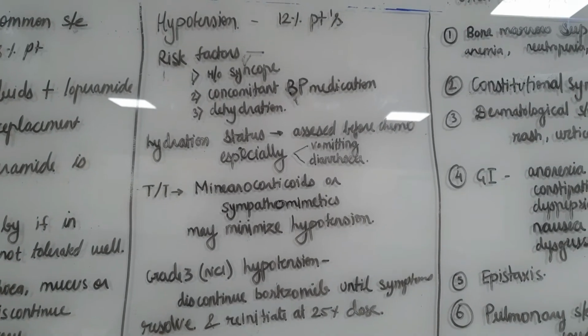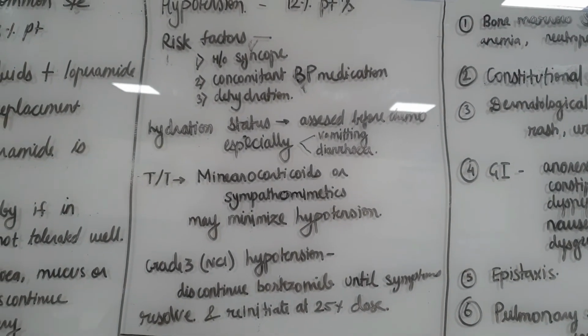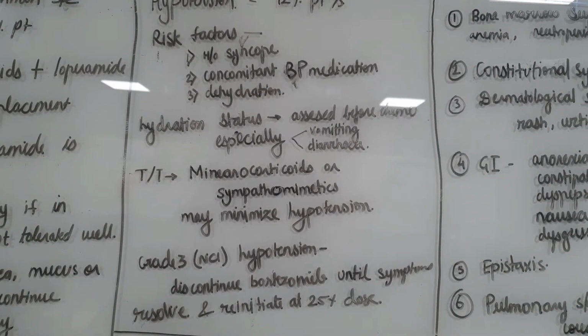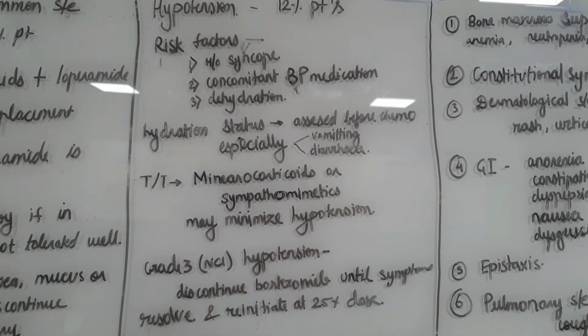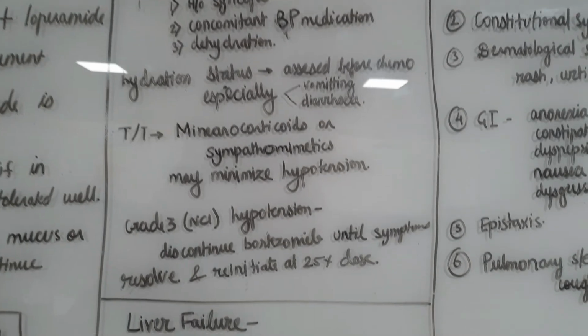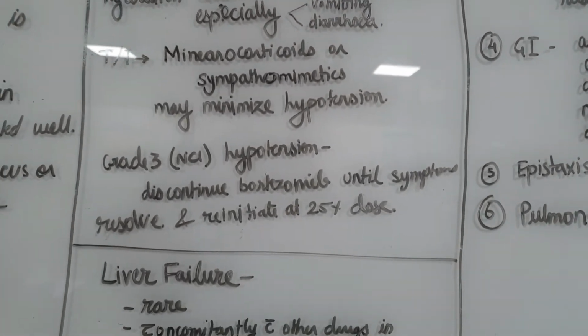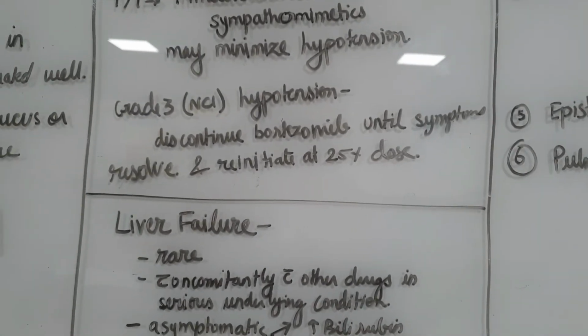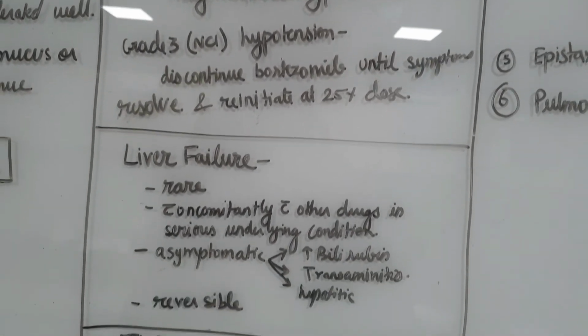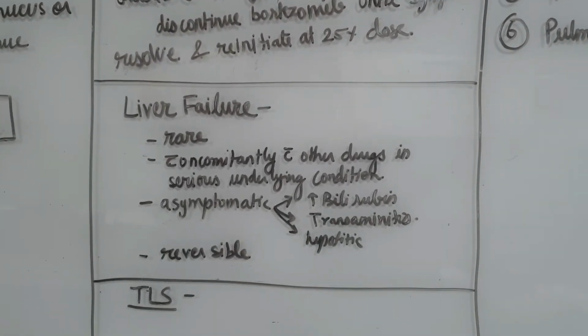If a patient develops hypotension, they can be treated with mineralocorticoids or sympathomimetics, and they respond very fast. In grade 3 hypotension, we must discontinue bortezomib until the symptoms have resolved and reinitiate the dose at 25% of the original dose.